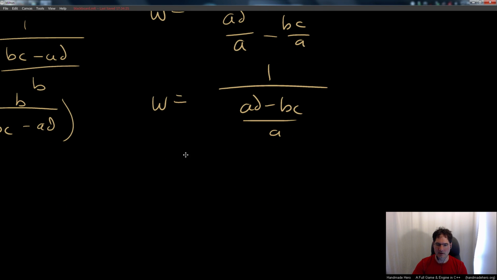And then I can finish the uninversion of this by flipping the fraction over, getting ad minus bc on the bottom and a on the top.